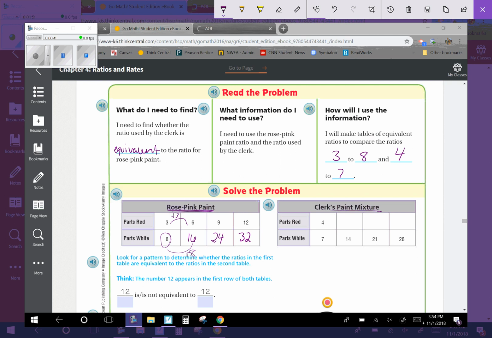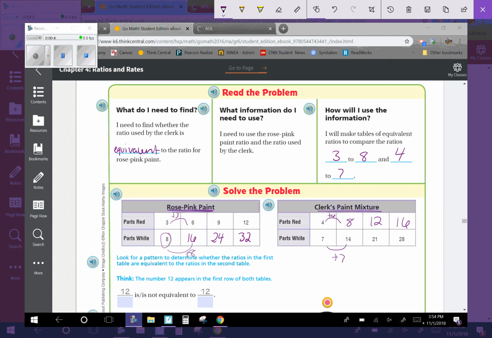Over here at the clerk's paint mixture, it says that he starts with a ratio of 4 to 7. That's our base ratio. So if we add 4, that gives us 8, plus 4 is 12, plus 4 is 16. And on the bottom we have 7, and we're going to add 7 each time, which gives us 14, 21, and 28.